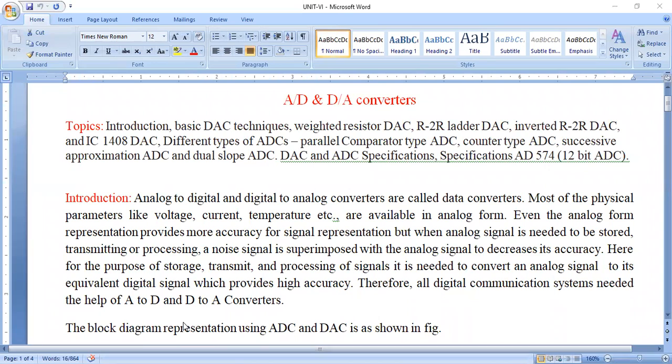Another most important thing is accuracy. The representation of a measured signal has to be maintained when it needs to be transmitted or processed in a particular manner.